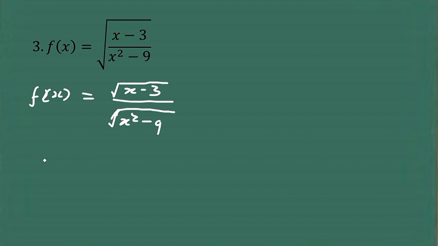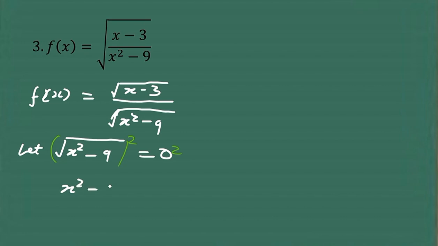Okay, so now as usual we say let's equate the denominator to 0, and so we are going to have the square root of x squared minus 9 equals 0. Now if we take the square of both sides, we are going to have x squared minus 9 equals 0, and solving for x, we are going to have x squared equals 9.